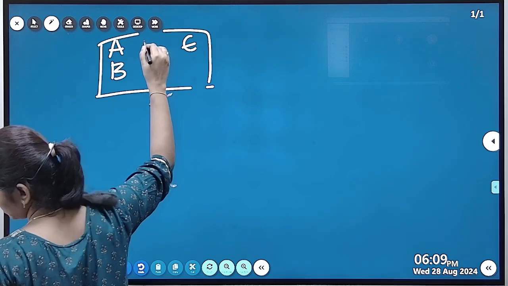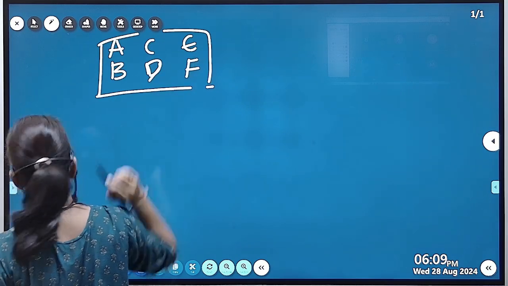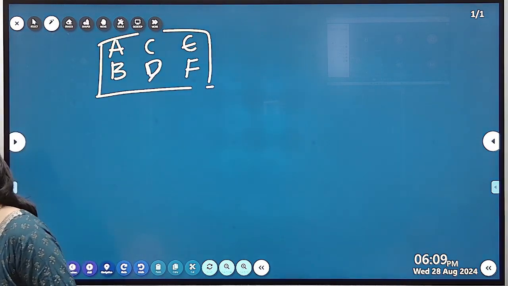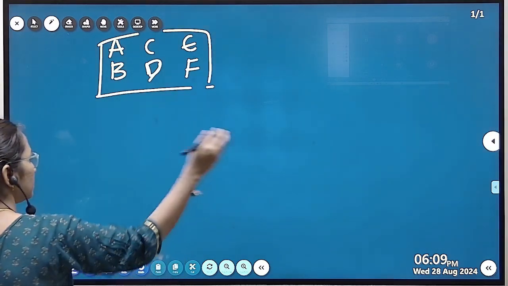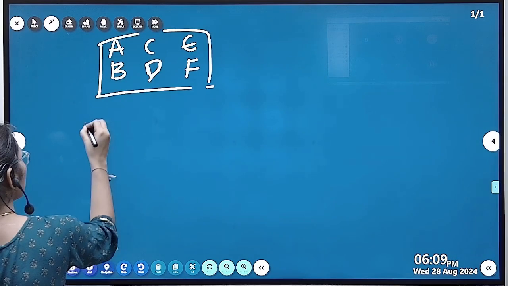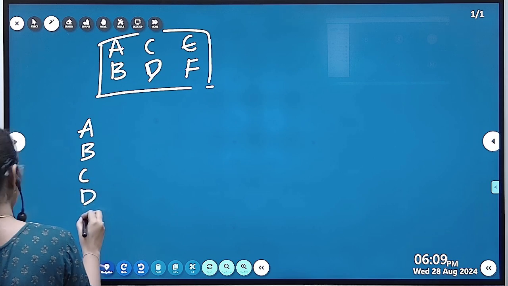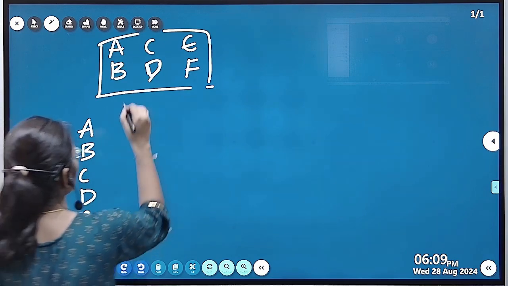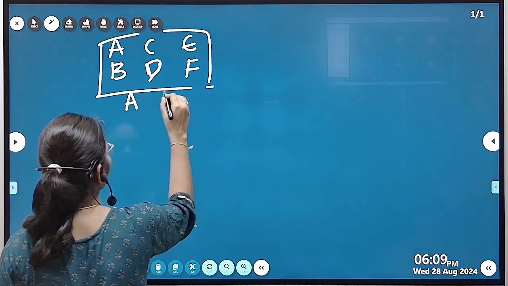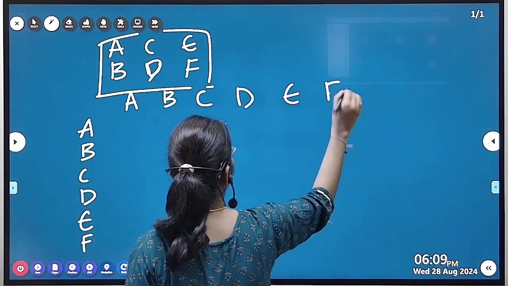C, D, E and F. So from A to B, tell me, this row and columns. A, B, C, D, E, F.